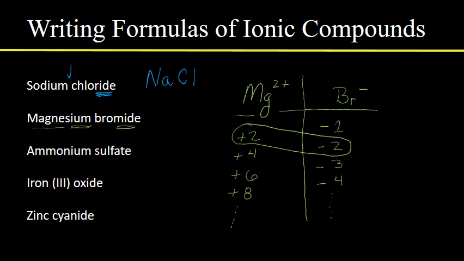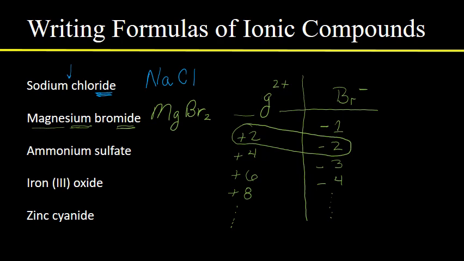So in order to combine these so that the charges are balanced, we need one magnesium and 2 bromides. And so we would write the formula MgBr2, meaning that the compound contains 2 bromides for every 1 magnesium.